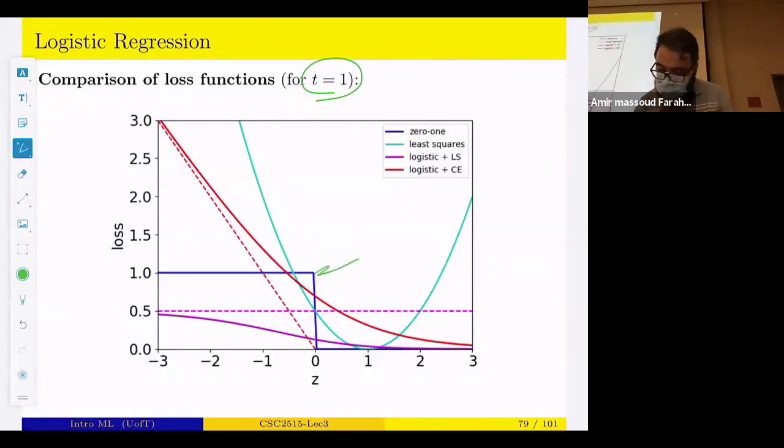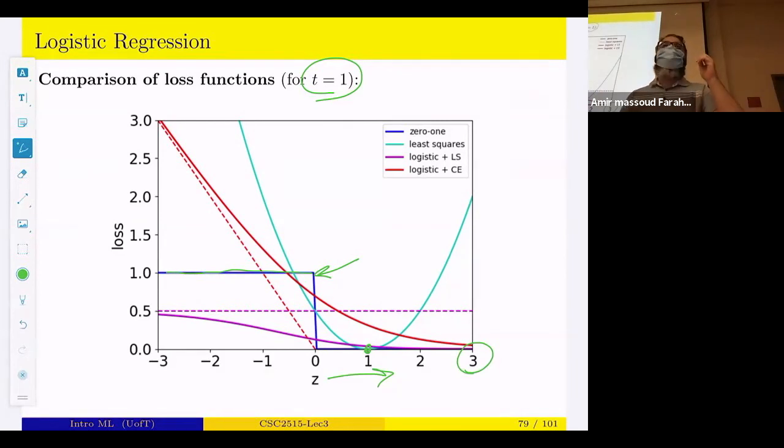So the blue one is the 0-1 loss that we have. When things are positive, there is no loss. When things are negative, no matter how negative, the loss is always 1.